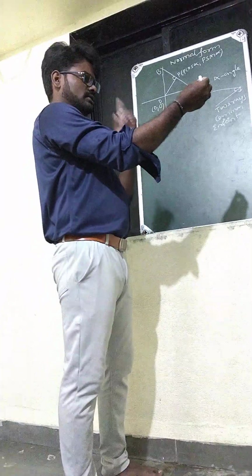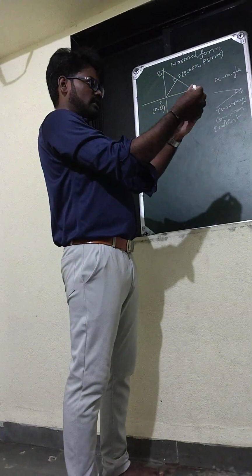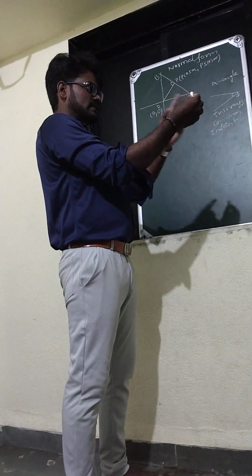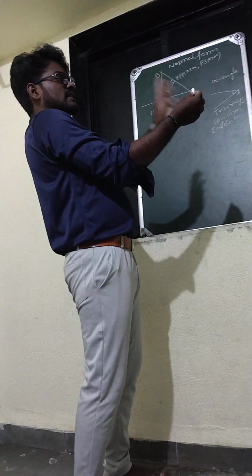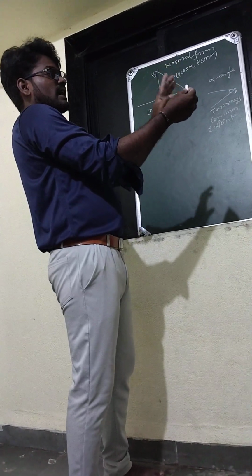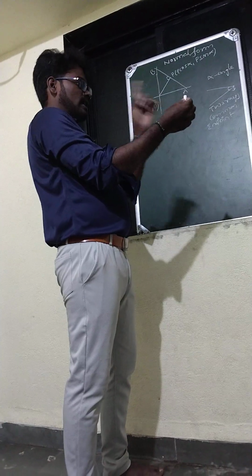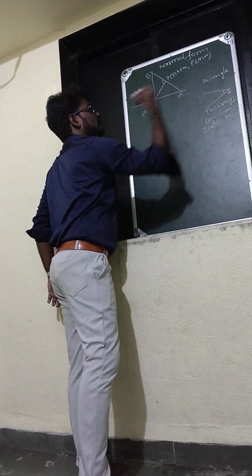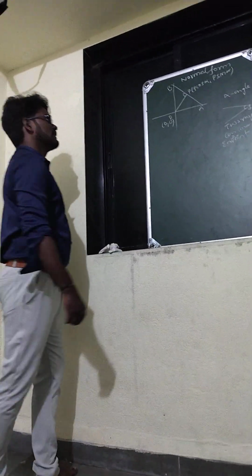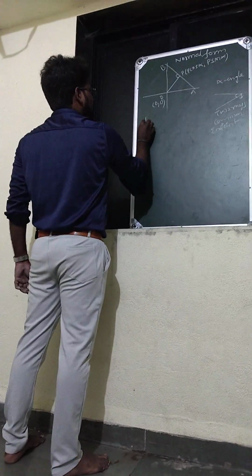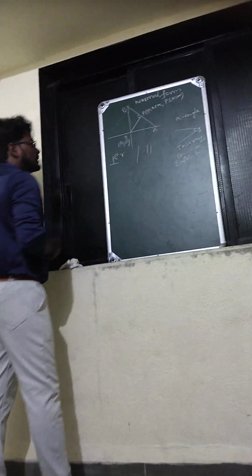Then you see this chalk piece, the left eye and right eye: this is one ray and this is another ray, and this is the angle. Two rays and a common end point make an angle. Alpha is an angle, and perpendicular and parallel. What is perpendicular?